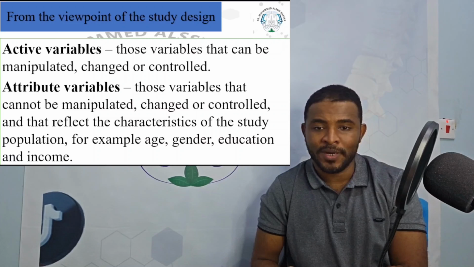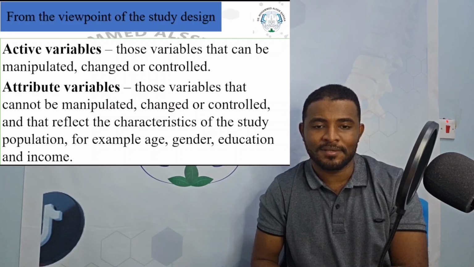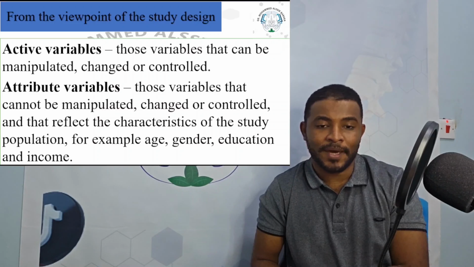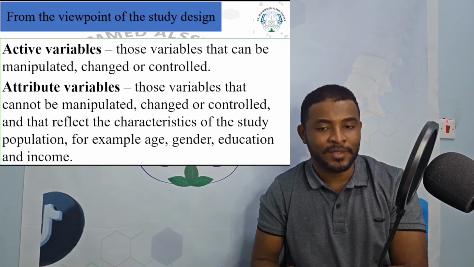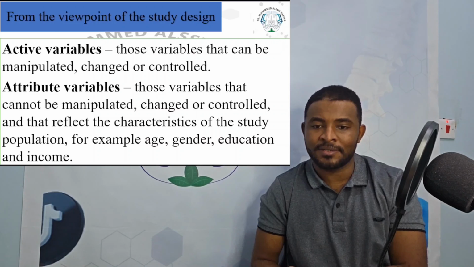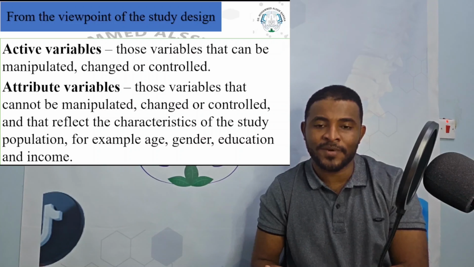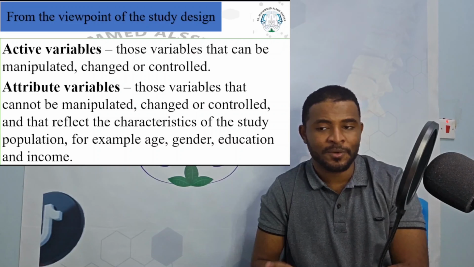For example, smoking: you can change the smoking, control the smoking, you can manipulate these variables. Attribute variables are those variables that cannot be manipulated, changed or controlled, and that reflect the characteristics of the study population. For example, age, gender, education, and income. These are the fixed variables or attribute variables that cannot be changed or manipulated.